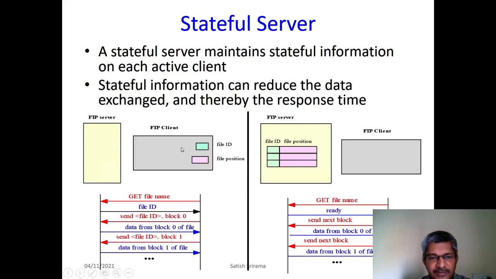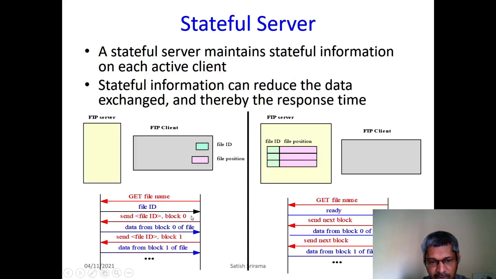So here is an FTP server and here is an FTP client. When the client is trying to get a file name in a particular directory, the FTP server will give it the file ID in the first communication. Then, in the second communication, the client has to tell the server: for that particular file ID, send me block 0. Then the server sends the data from block 0 of the file.